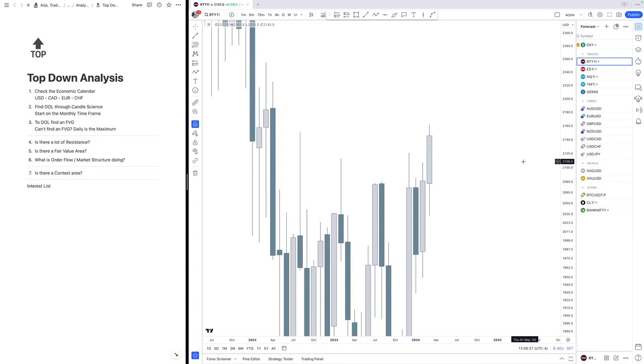In 5 seconds, you can tell already if a pair or instrument is interesting. And I'm not exaggerating. If you need more than 1 minute of your time to find a good looking pair that you can potentially trade, then that's too long. So if I look at an instrument right here and I can't find anything clear within the first minute, then I throw it away.